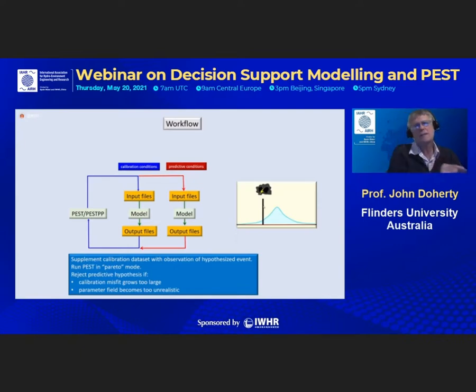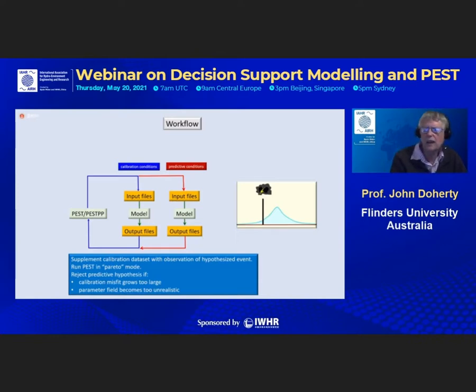Now, if I can continue to match the past to the same level I matched it before, and if I can also match the future, and if the parameter field that emerges from this simultaneous inversion against past and future isn't unrealistic, if it can be judged to be still okay by the links between the parameter field and the known geology, then I cannot reject the hypothesis that this bad thing will happen.